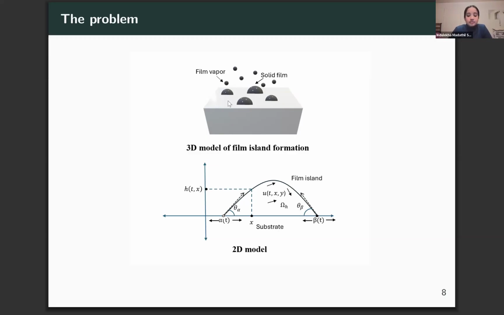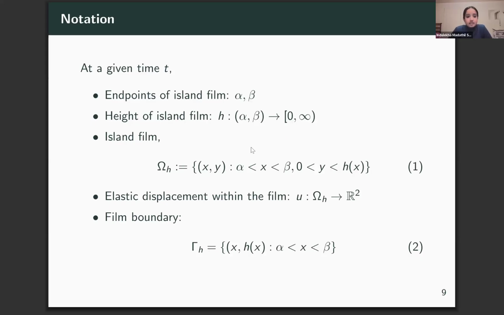The substrate is, of course, modeled as R cross (0, negative infinity), the lower half of the plane. For a given time t, we have the endpoints alpha and beta, which move in time. h is the height of the island film above the substrate.